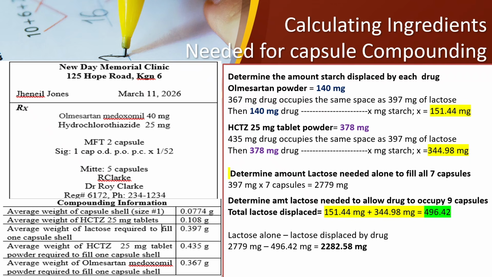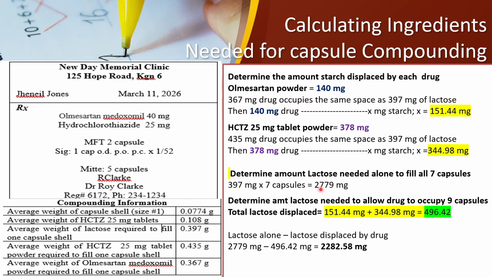And then we go right ahead to determine the starch that is displaced by each of the drugs. We did it for olmesartan. We know we want 140, and we go back to the table to look for the fill weight for both of the drugs, and they are there. It's very self-explanatory. So olmesartan 140 milligrams will displace 151.44 milligrams of starch, and 378 milligrams of hydrochlorothiazide 25 milligram tablet powder will displace 344.98 milligrams of starch.